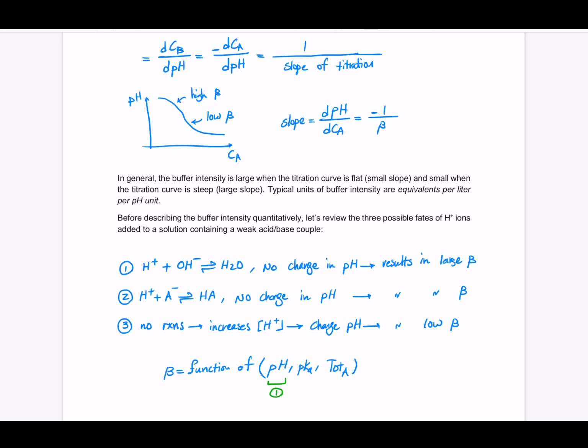Any other factors? Like in reality, not within the context of what we described. Any other operational factor? If we have 1 millimolar of acetic acid at pH of 12, and we run it at a temperature of 25 versus 50, do we get the same buffer intensity?